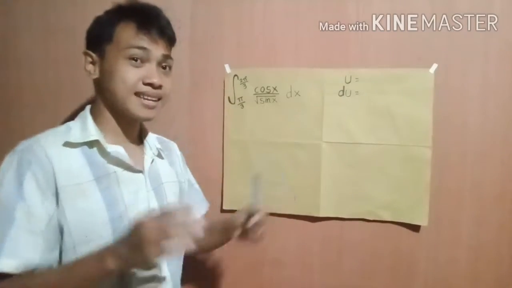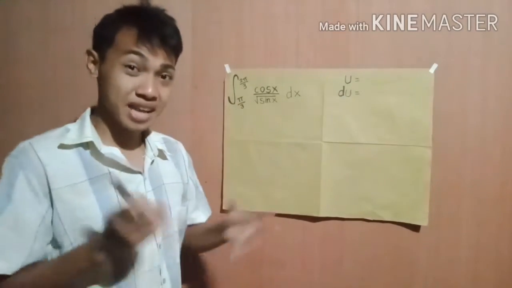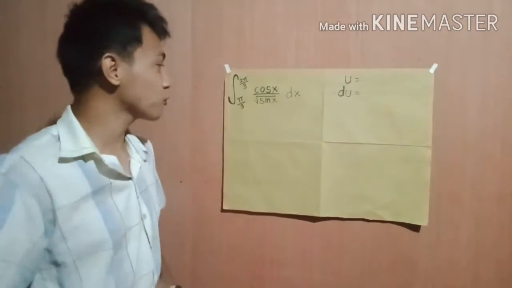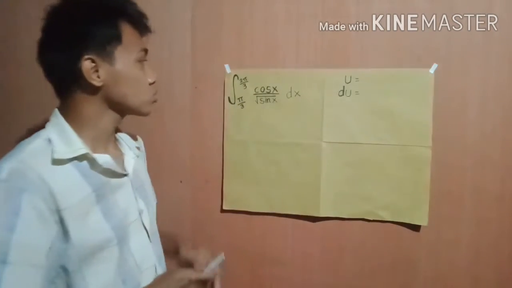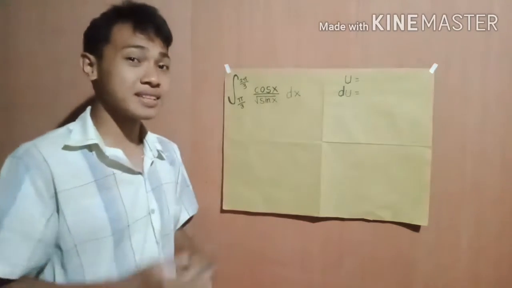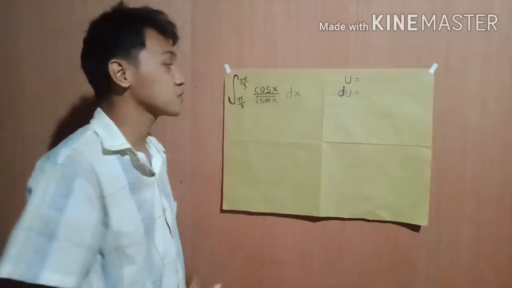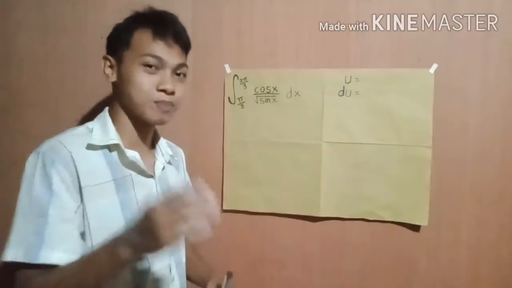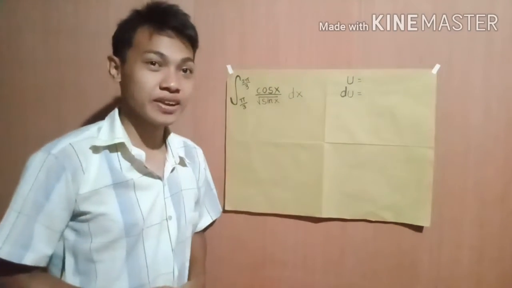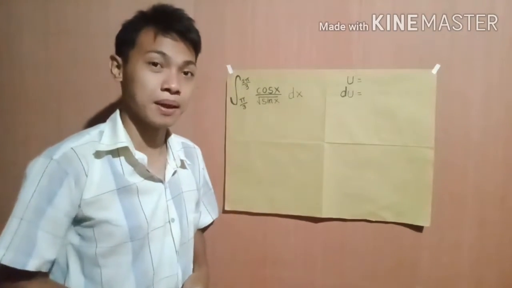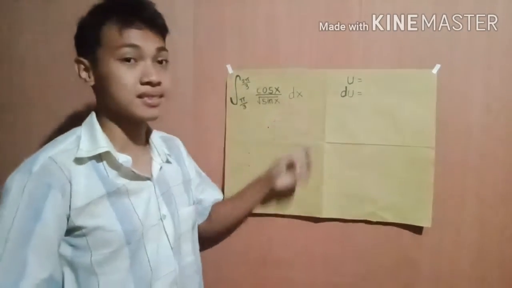Another one. In this example, we have a definite integral that we would like to evaluate. We're going from pi over 3 to 2 pi over 3, and our integrand is cosine of x over the square root of sin x, with respect to x. Looking at our integrand, we have this function inside of a radical, so it looks like a good candidate for substitution.